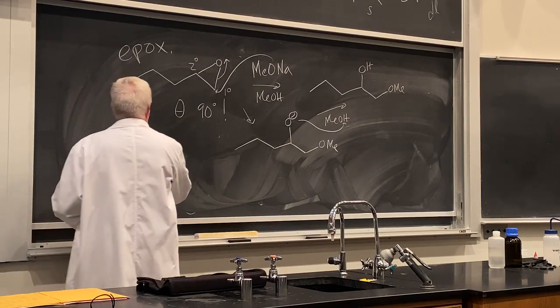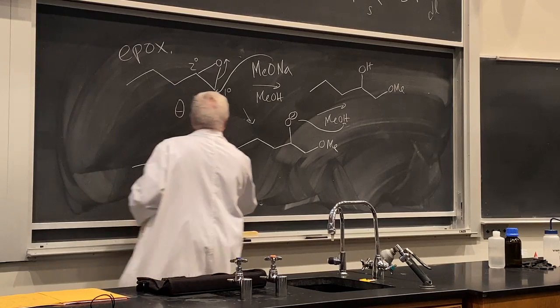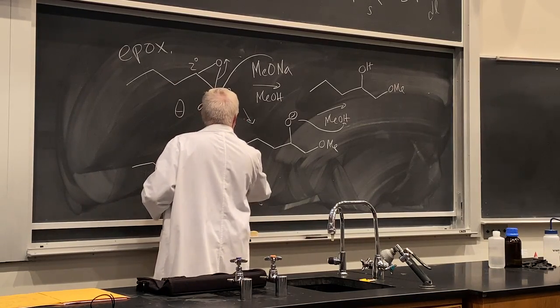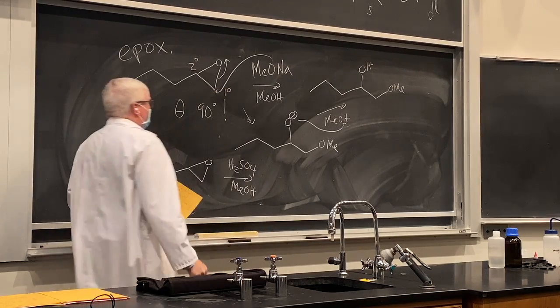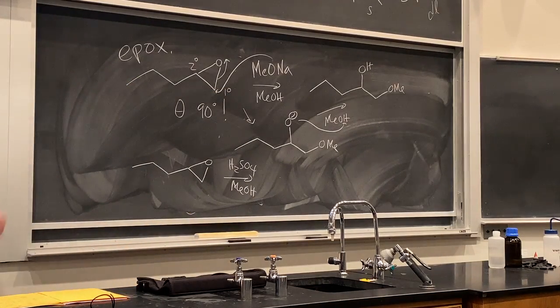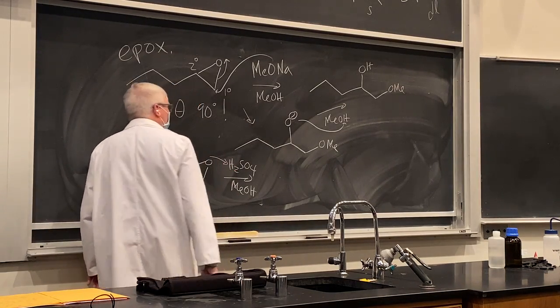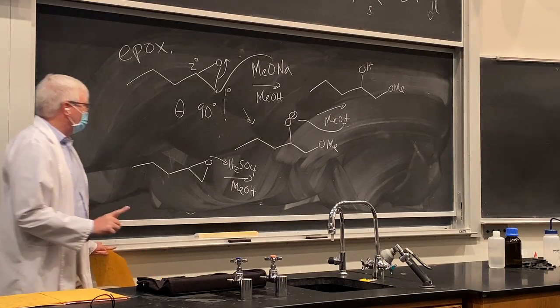Now, let's compare this reaction. Same substrate, but let's do it in acid. H2SO4 in methanol. Okay, same epoxide. What's going to occur here? Well, we can protonate the ether oxygen of the epoxide first.